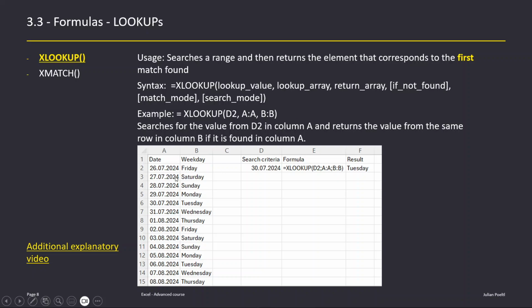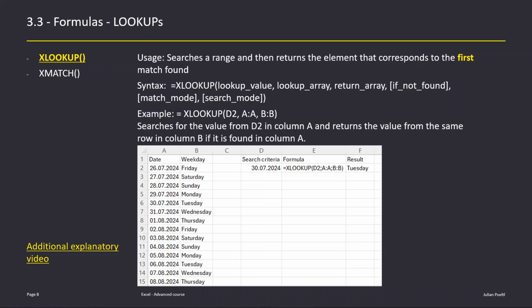It will first search in this column, and if it finds that value, only the first appearance, since the XLOOKUP function can only output one single value in one single cell, then it will hand out the value next to it, for example. So the result then will be Tuesday.